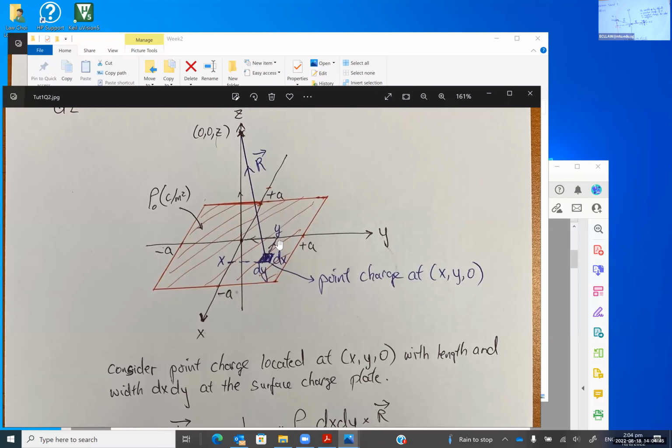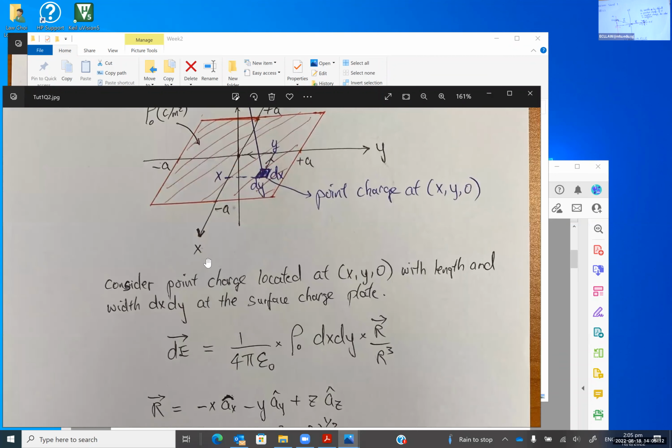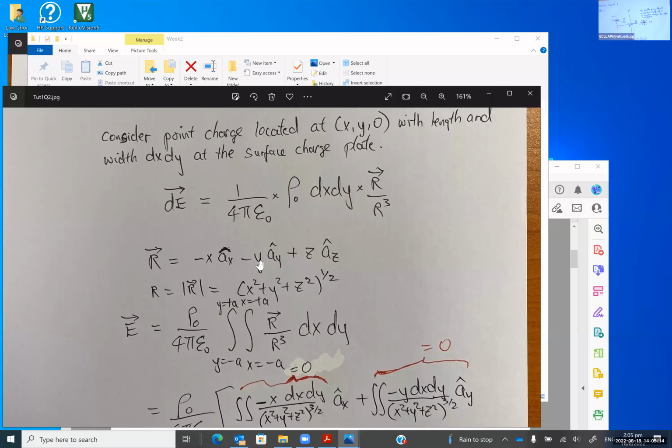This ax magnitude is x, direction is minus ax. This one, y, direction minus ay, right? This one, z, direction positive az, right? Okay, so therefore that's why I have this answer for my r: minus x ax minus y ay plus z az.